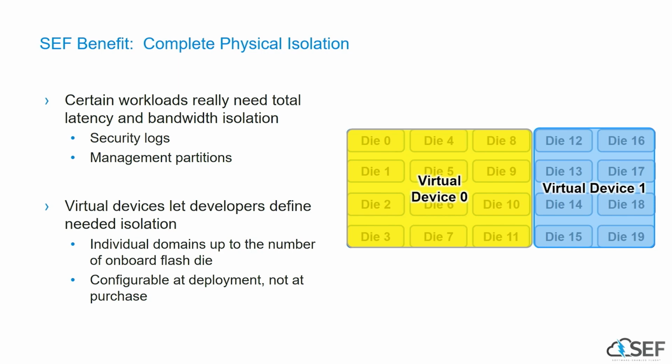Well, with software-enabled flash, we wanted to be able to give that to you. So you can break each of these virtual devices into something called a quality of service domain. So where you have your physical isolation with a virtual device, you can then virtually isolate that down into subunits, what we call QoS domains, quality of service domains. So you can take that granularity and you can continue to dial it in as needed.